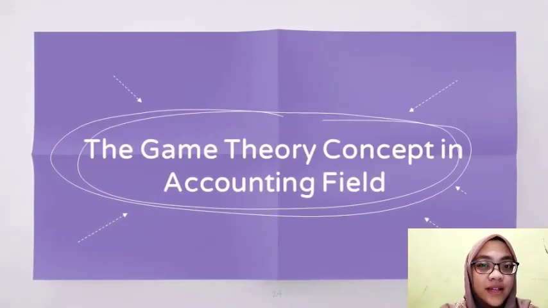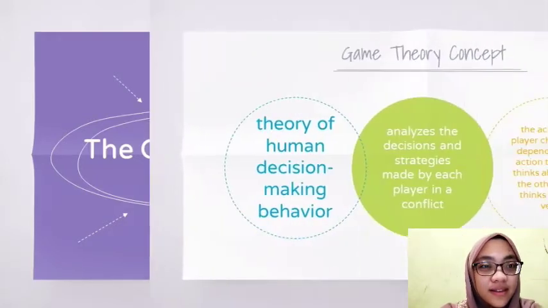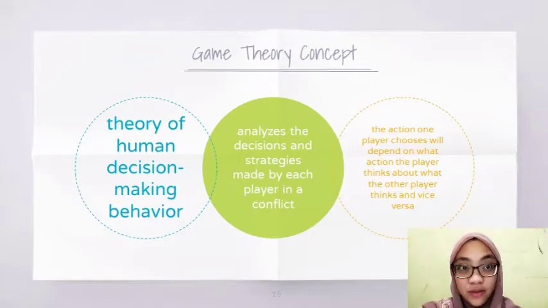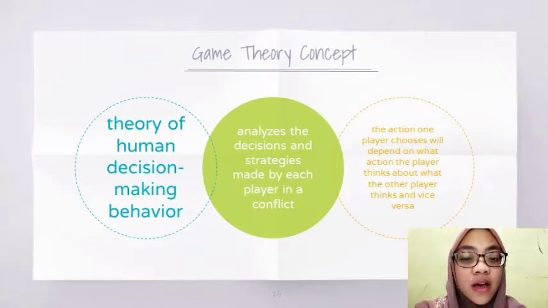The game theory concept in the accounting field. Now I want to explain how the game theory concept is implemented in the accounting field. The first is that game theory is a theory of human decision-making behavior. We can now underlie various issues in financial accounting theory using the game theory concept.